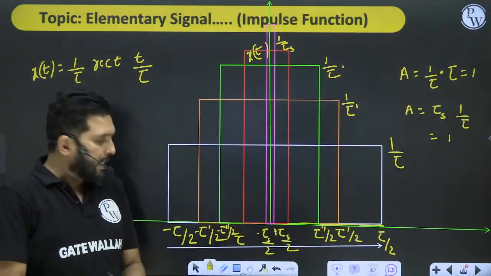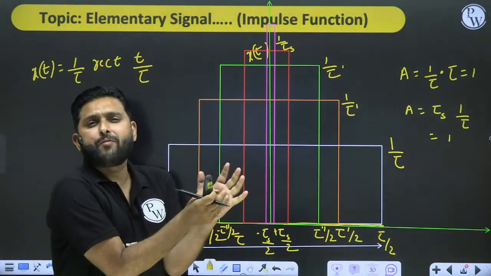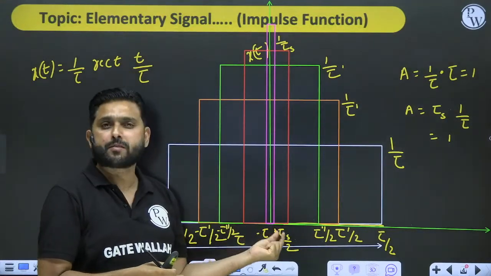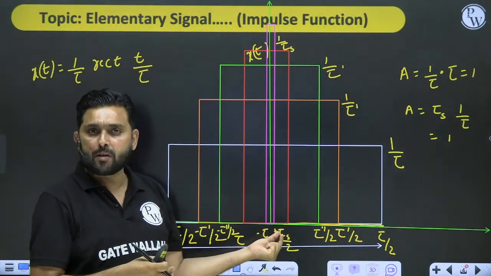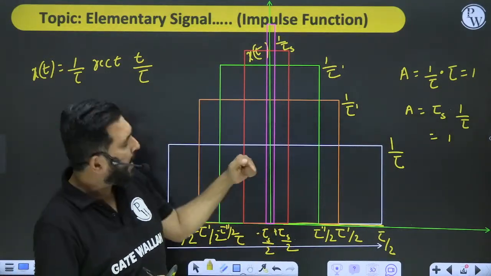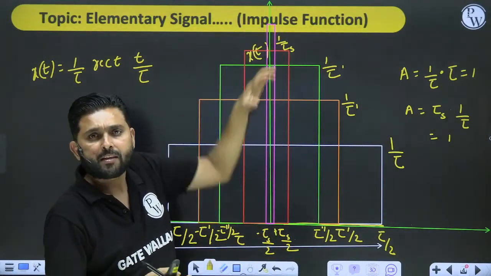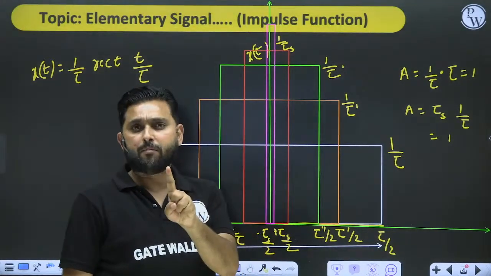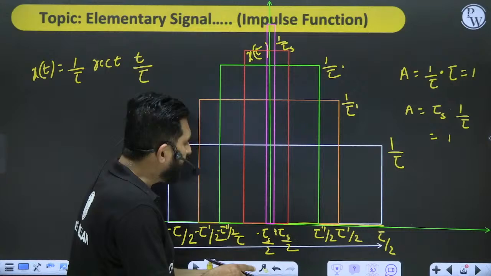So when we decrease the width ideally towards 0, and the height is approaching towards infinity, the function is said to exist only for a small amount of time. And how will I model this function?